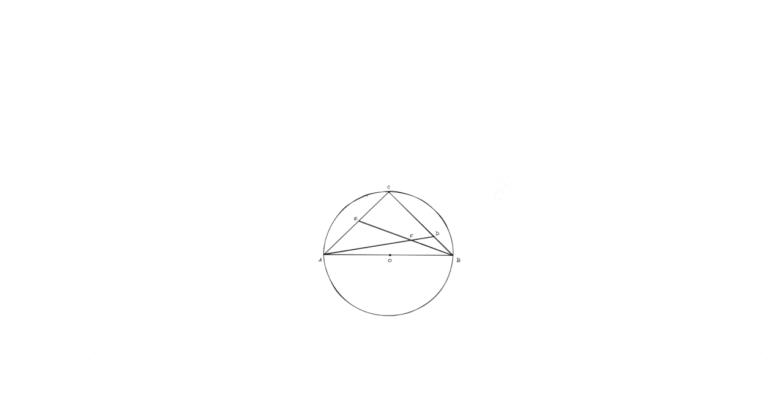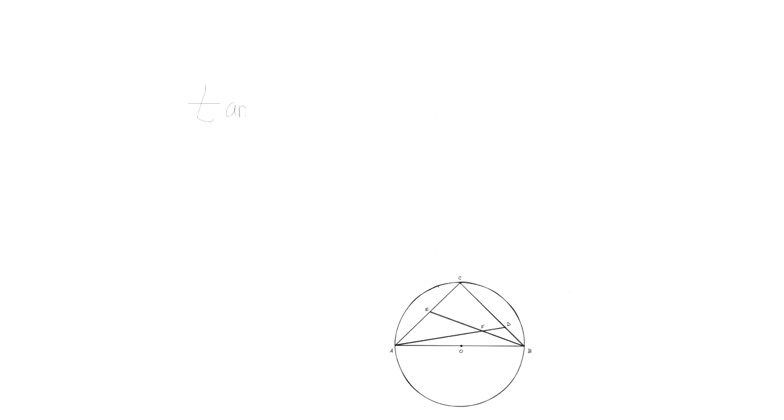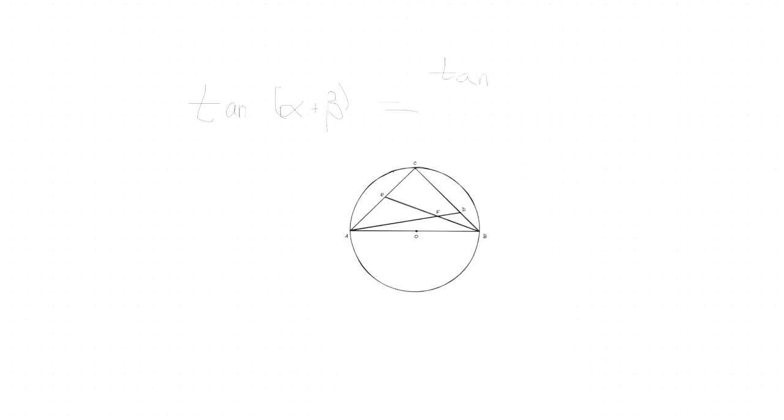So basically, the tan addition formula states that tan of A plus B, just using Greek letters here, is equal to tan A plus tan B, and then the whole thing over 1 minus tan A tan B. Now this one is crucial here because we're not given much angle.